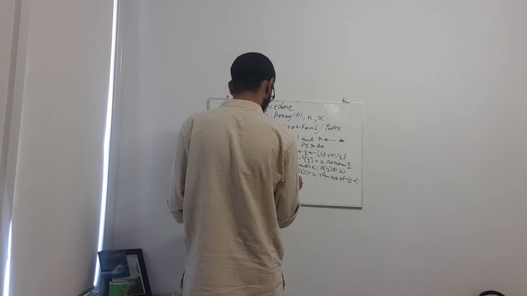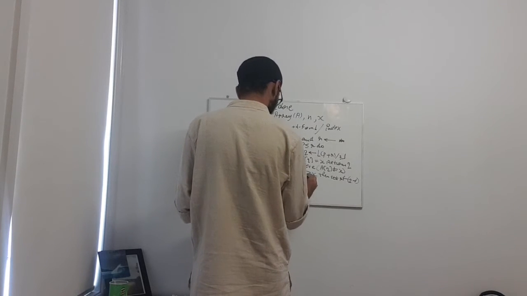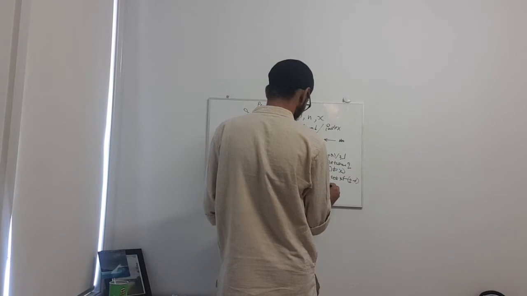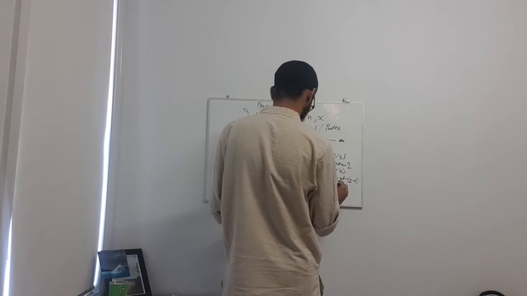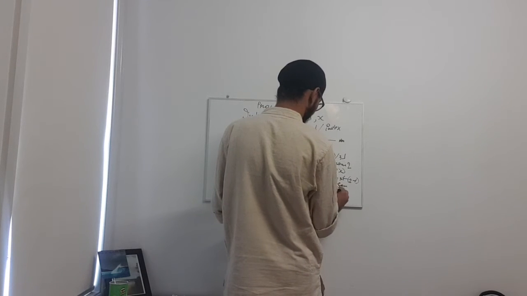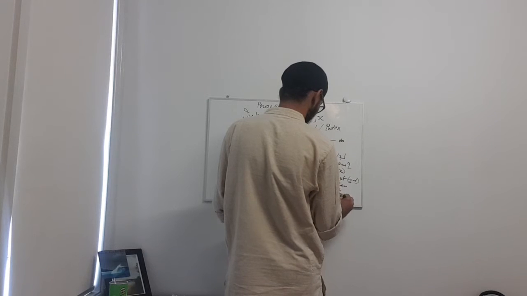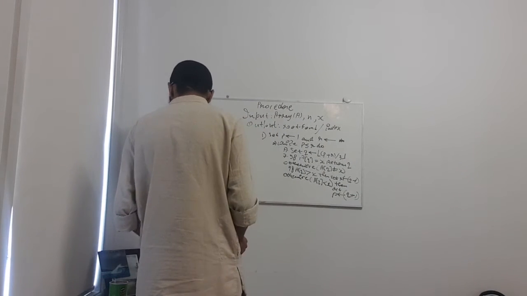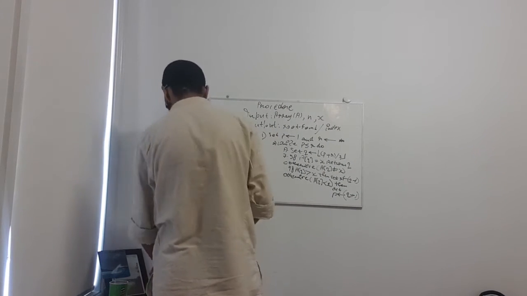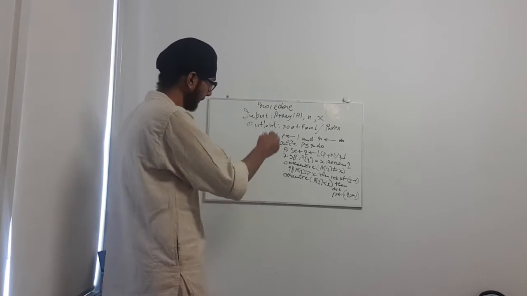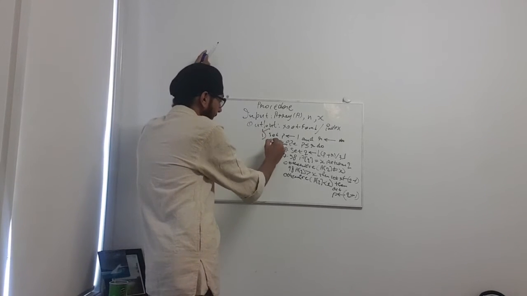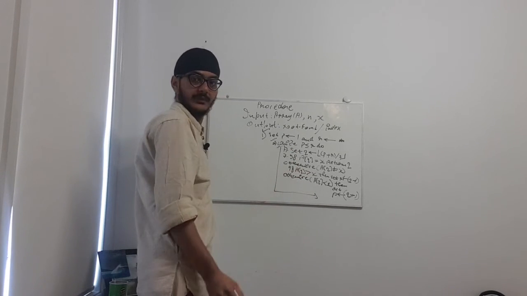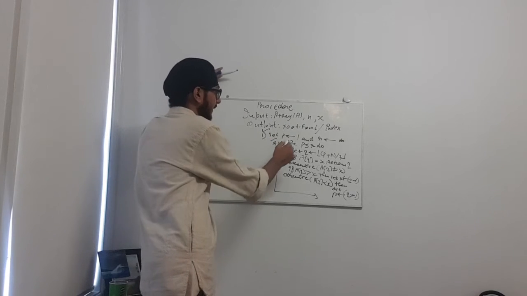So let's see how this algorithm works. Step number one, step number two, and step two is comprised of these many steps. So what does this mean?